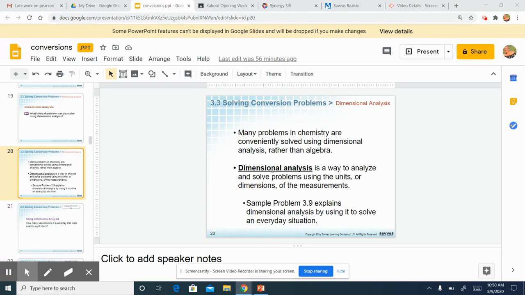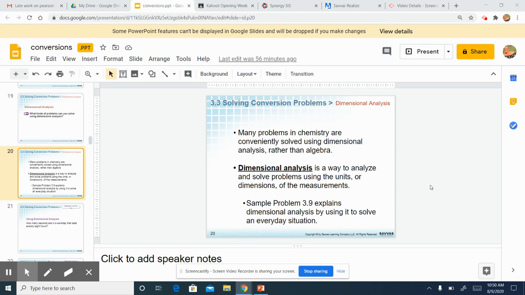So here, dimensional analysis, it says, is a way to analyze and solve problems using the units or dimensions of the measurements. So if you want to take a second to get this definition down, you may see it again. A way to analyze and solve problems using the units or dimensions of the measurements.